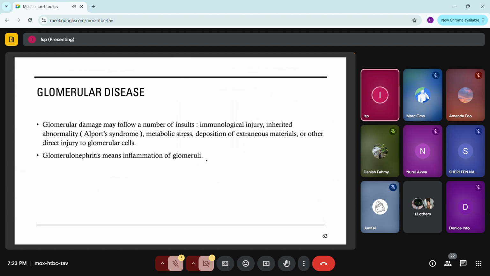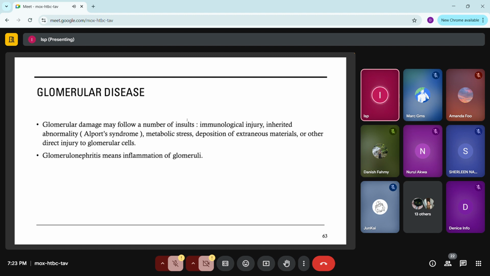So in glomerular disease, basically it divides into glomerulonephritis and nephrotic syndrome. It involves damage following a number of insults. It can be due to immunological injury, inherited disorders, deposition of materials, or other direct injury. Whatever injury happens to the glomerulus is called glomerular disease.